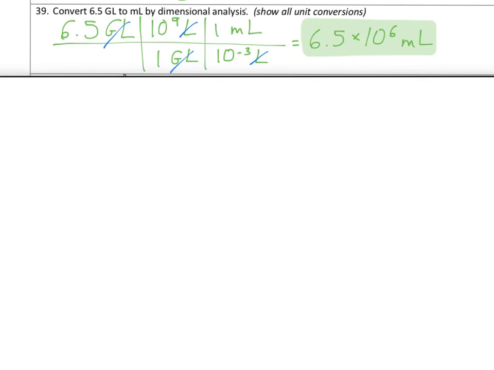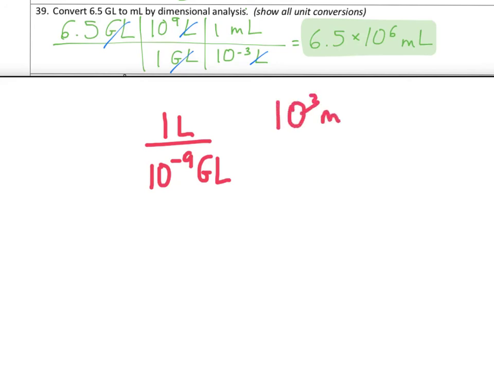So instead of 10 to the 9 liters per gigaliter, you could say that 1 liter is 10 to the -9 gigaliters. I know, I keep using giga, and I keep forgetting we didn't even learn giga. We stopped at mega, but that's okay. I'm telling you now, giga's 9, and I don't think it's that one on the test anyway. And then for the other one, milliliter, we could always say that 1,000 milliliters make 1 liter. When you do the math, it comes out to the same answer anyway.